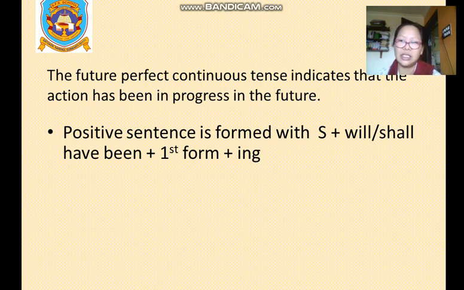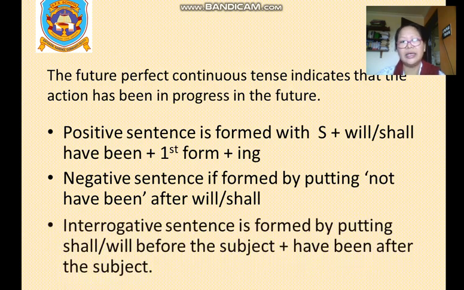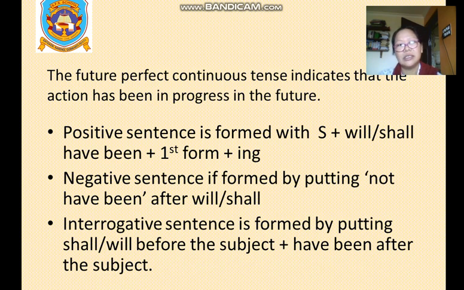So if it is eat, it will be eating. Then negative sentence is formed by putting not after will and shall. Then interrogative sentence is formed by putting will or shall before the subject.